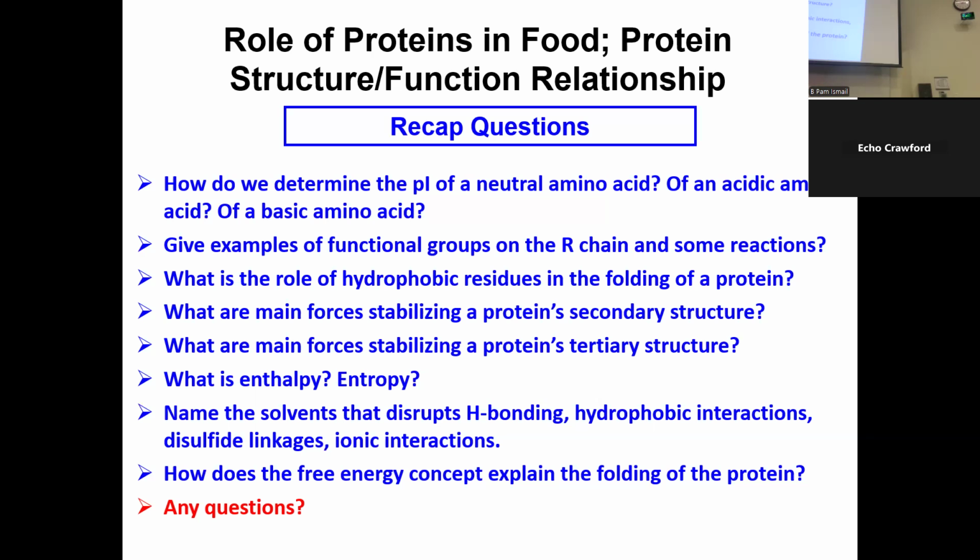So when we denature the protein, this is one of the questions you have in your practice problems, delta G will be negative. That negative delta G leads to spontaneous denaturation because you're breaking bonds, you increase the chaos, the movement, and then delta S will go up, then delta G will be negative. So that will be spontaneous denaturation.